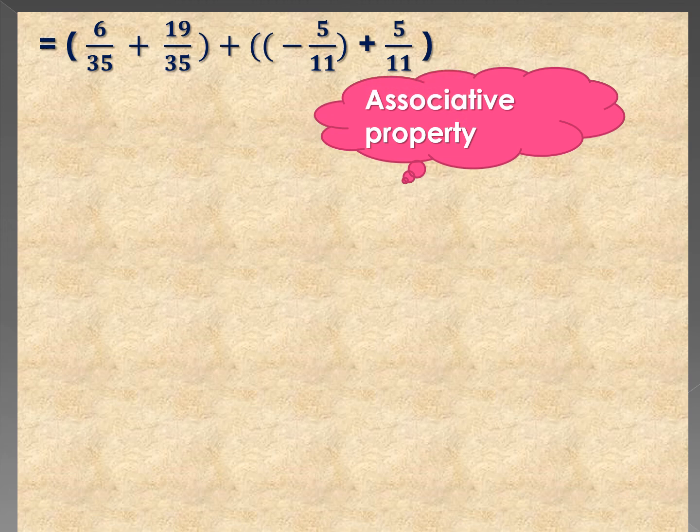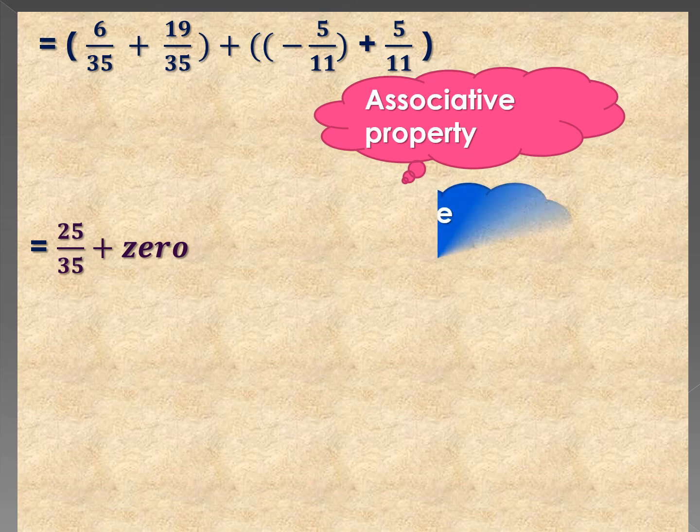The next step will be to find the result of addition in each bracket. So we'll have 25/35 plus 0. We get 0 here by the property called the additive inverse, because we have negative 5/11 and 5/11.